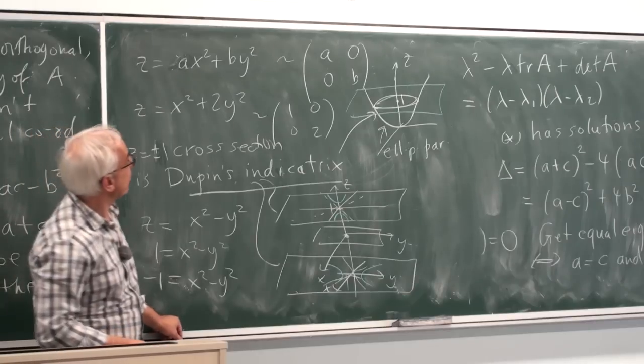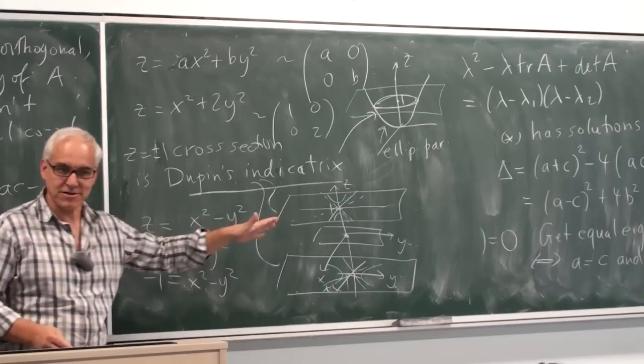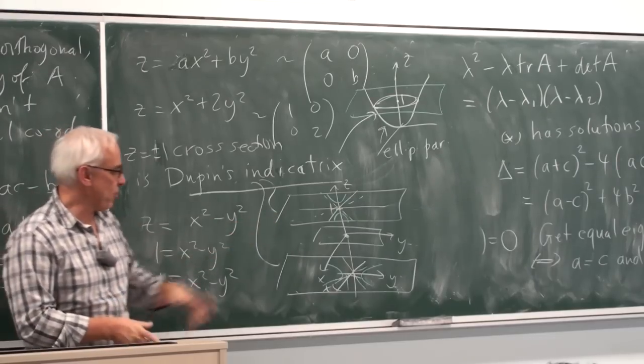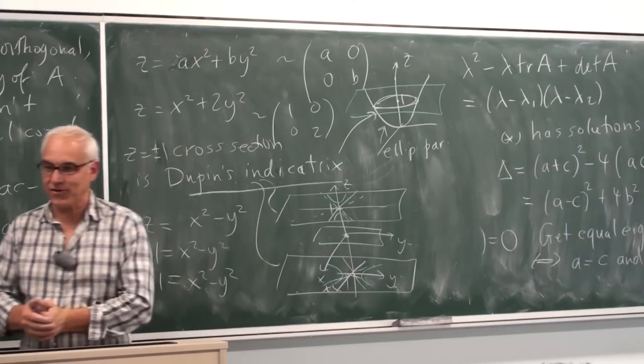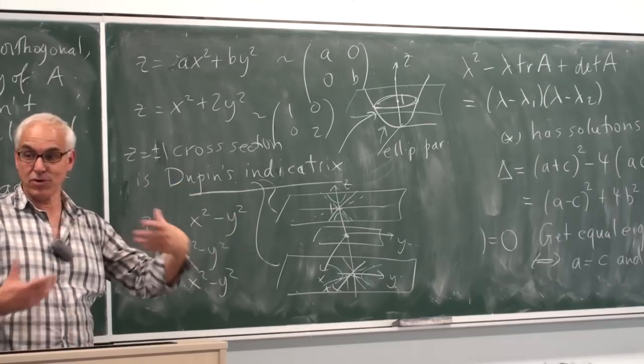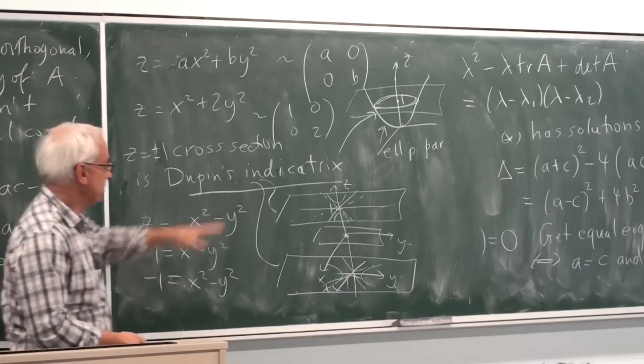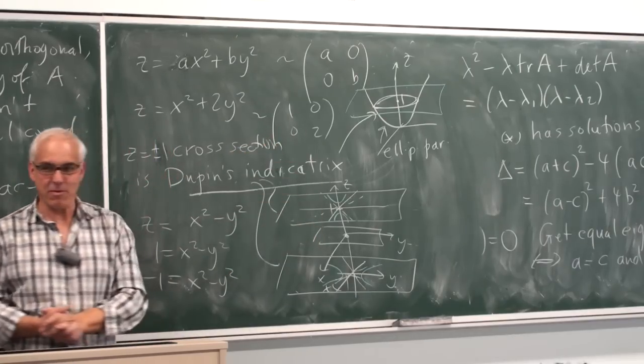All right, so next time we're going to have a look more at the geometry of these quadratics. So one of the interesting facts about these hyperbolic paraboloids is that they're ruled surfaces. The elliptic ones aren't, but the hyperbolic ones are.